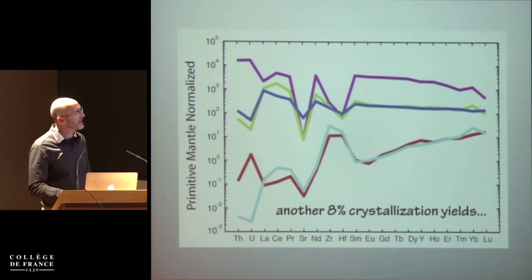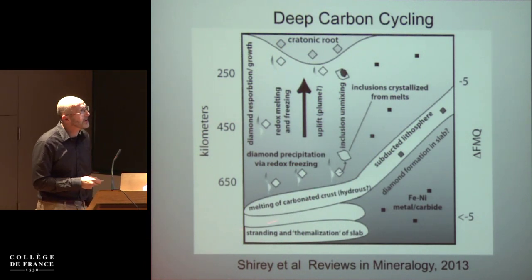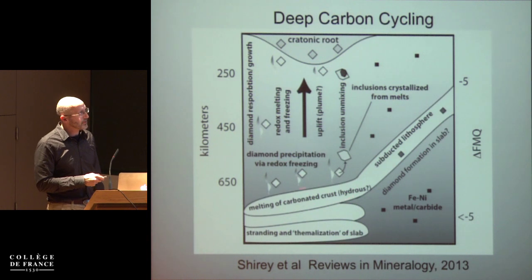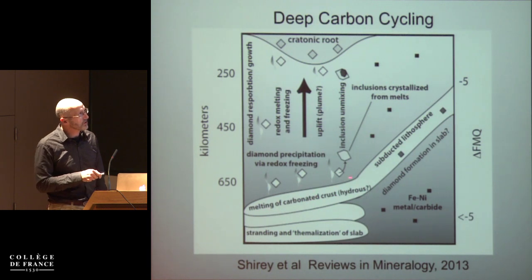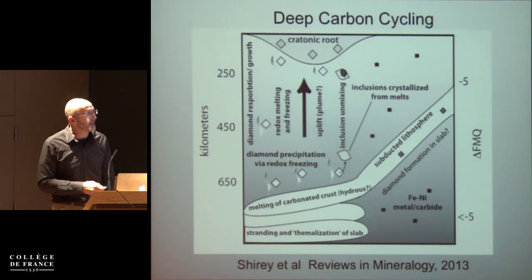So what does all this mean? We end up having some kind of a diagram, some cartoon that looks like this, where we've got subducted slab, which is ponded just at the top of the lower mantle or into the transition zone. You heat up, you form a carbonated eclogite melt. Maybe it's hydrous and carbonated.